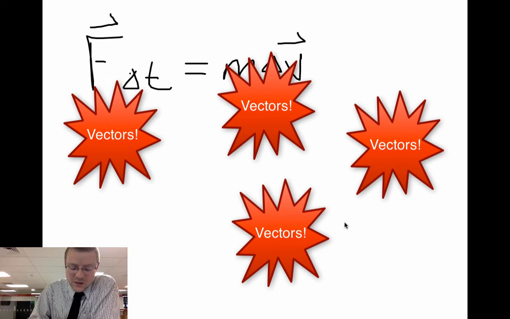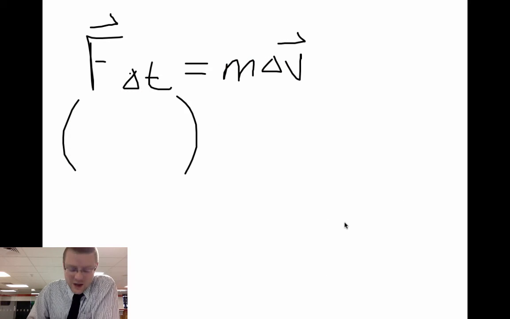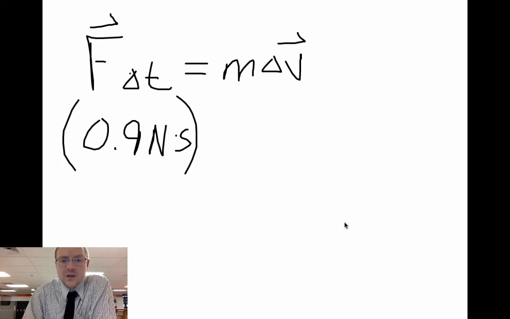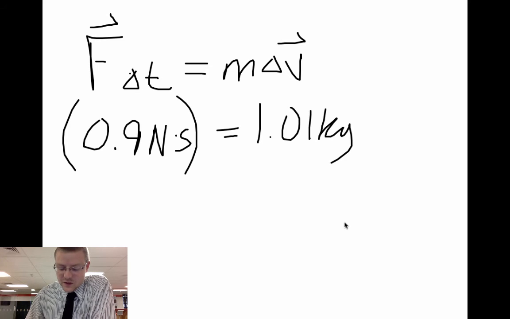So we said that the force times time, we already calculated that, came out to 0.9 Newton seconds for the area under the curve. So that should equal the other side here of our mass times our change in velocity. Our mass was 1.01 kilograms, and our velocity is changing from our final velocity to our initial velocity.